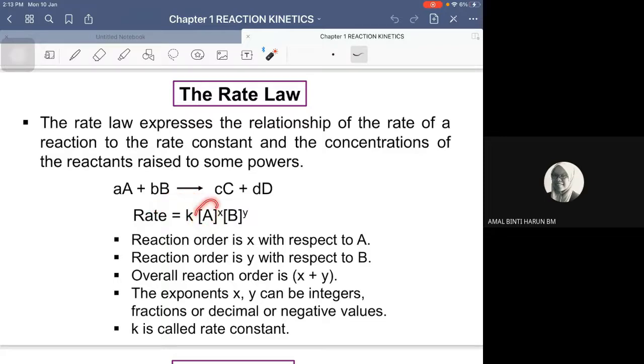Kadang-kala pertambahan concentration reactant A ni tidak akan mempengaruhi rate, tetapi pertambahan concentration B akan mempengaruhi rate. Ataupun keadaan A dan B akan mempengaruhi rate of reaction. So, mempengaruhi atau tidak memberi impact kepada rate of reaction itu bergantung kepada order apa bagi setiap reactant.